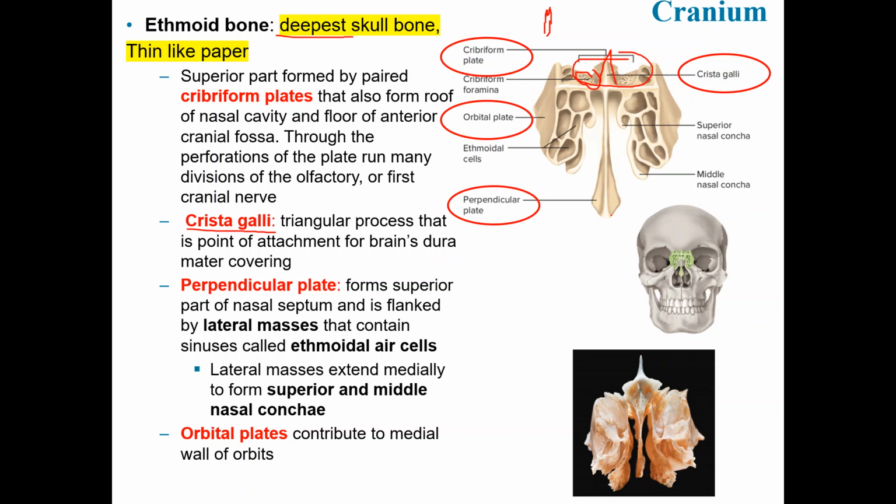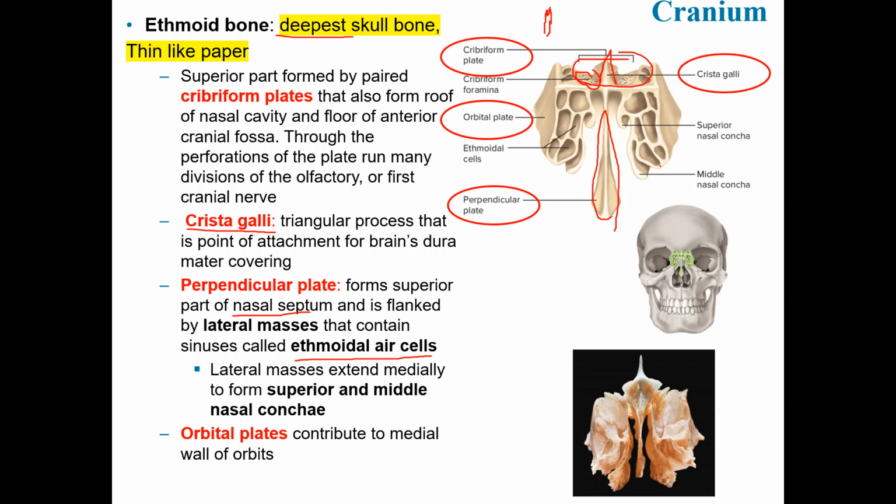Then there is the perpendicular plate here. This one forms part of the nasal septum, okay, and is flanked by these lateral masses that contain sinuses. These are called ethmoidal air cells, okay.